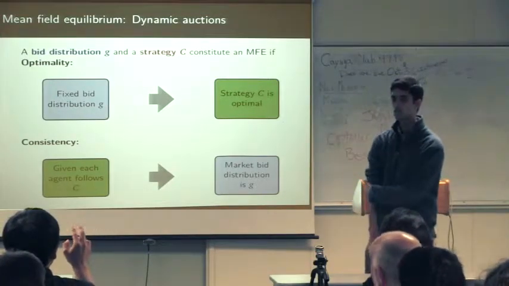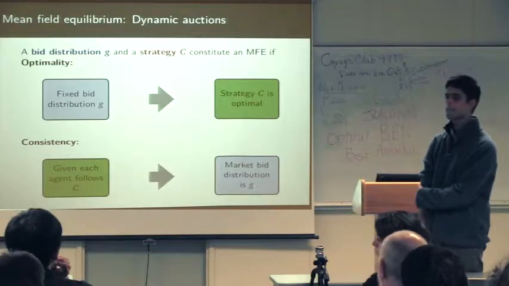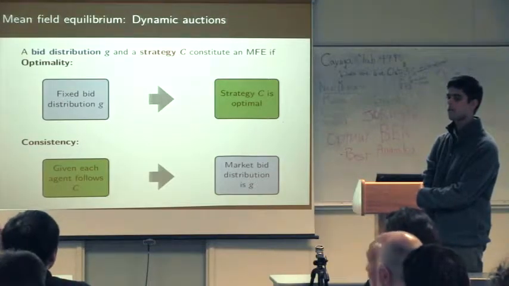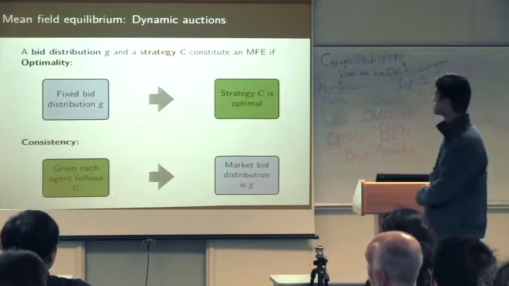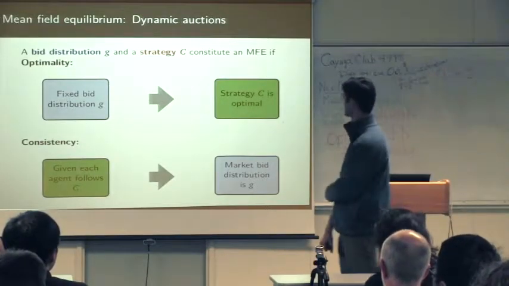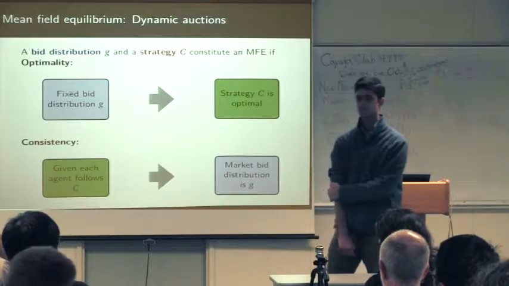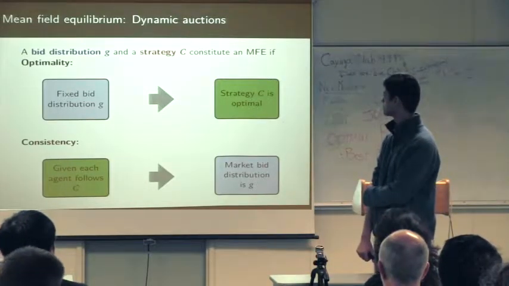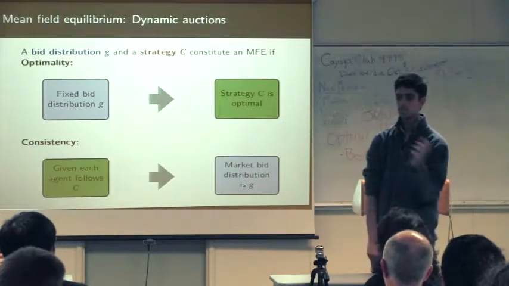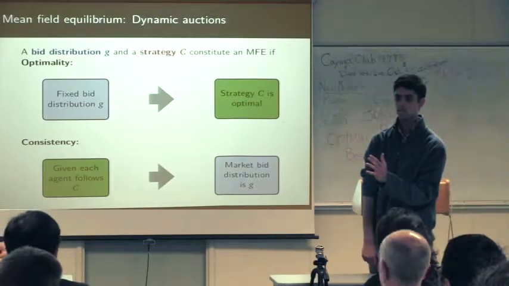Could you explain more about the differences between this mean field equilibrium and Bayesian-Nash equilibrium? Because if we substitute the bid distribution G for my belief distribution G, then it looks like a description of a perfect Bayesian equilibrium. Perfect Bayesian equilibrium or a Bayes-Nash equilibrium? Sorry, Bayesian-Nash equilibrium.